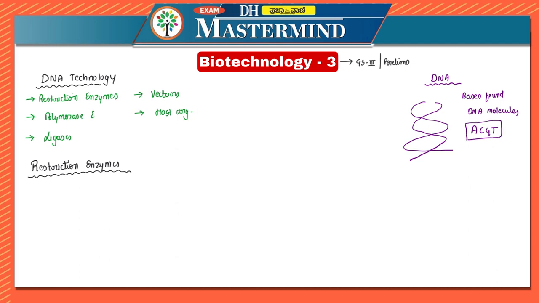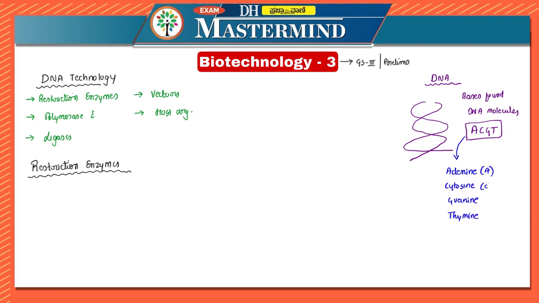Now what is this ACGT? In ACGT, A stands for adenine, C stands for cytosine, G stands for guanine, and T stands for thymine.